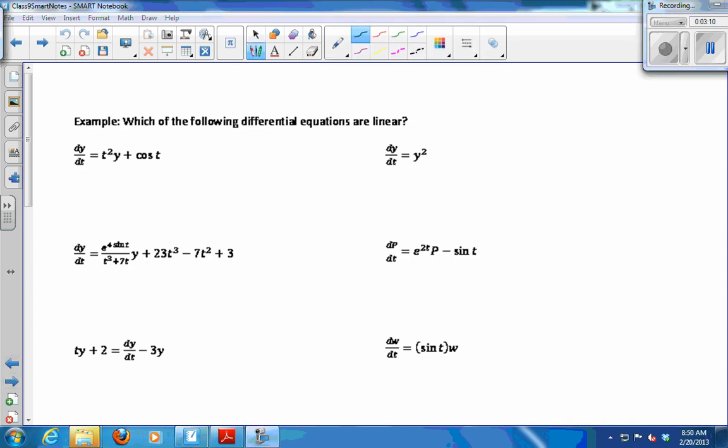Okay, so this first one, yes, because the a of t is t squared and the b of t is cosine t. So this says a of t times y plus b of t. How about this one over here? No, because the y squared, there's a 2 on the y, which makes it nonlinear.